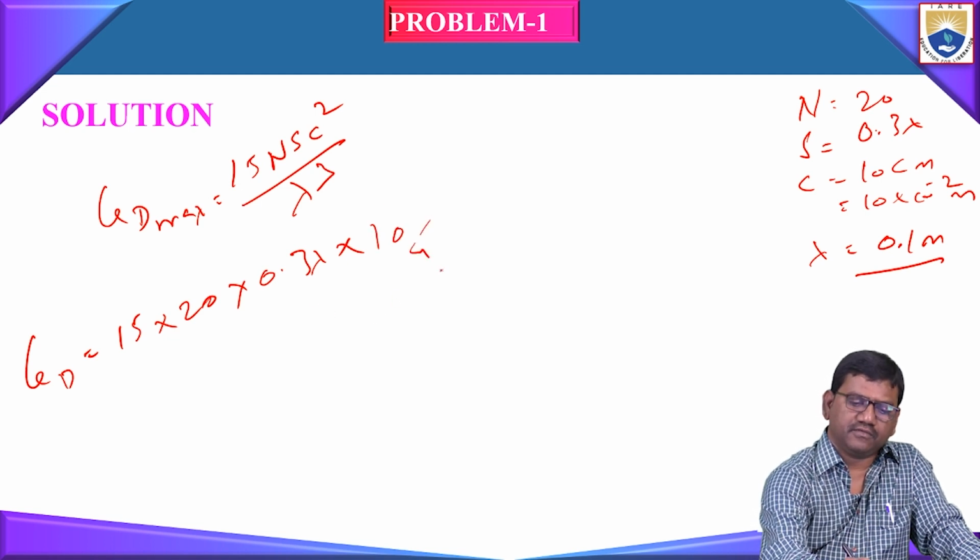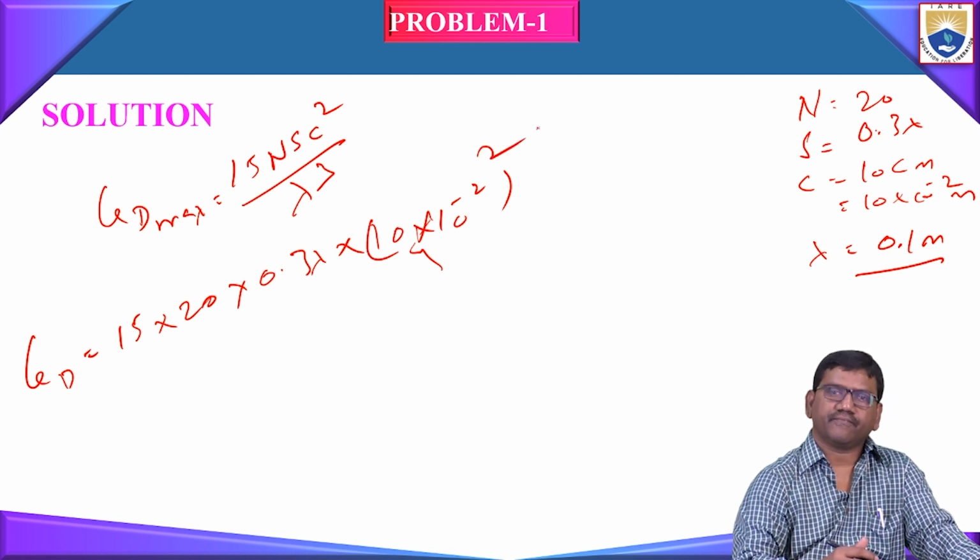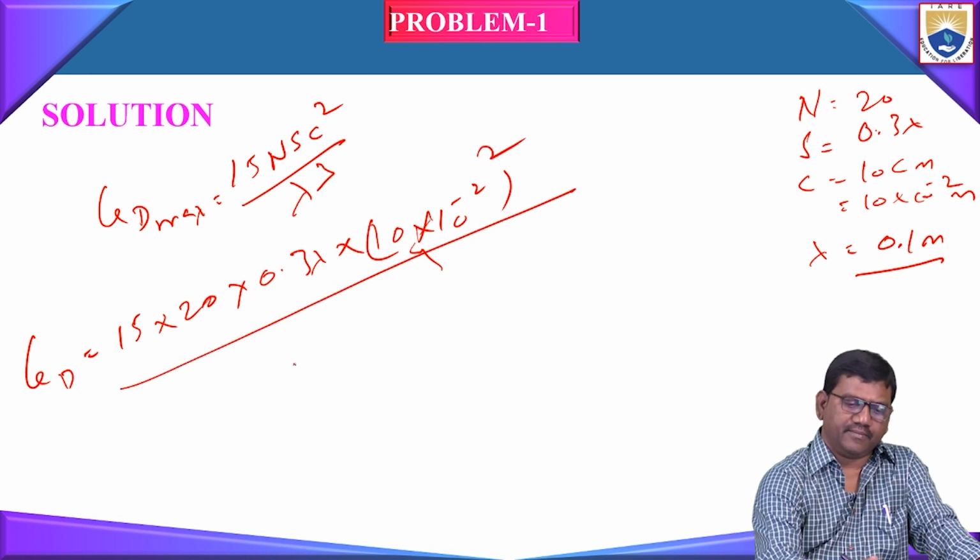That is 10 into 10 power minus 2, whole squared, divided by lambda cubed.